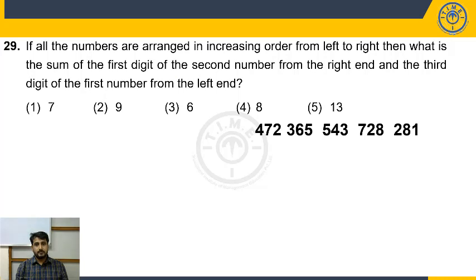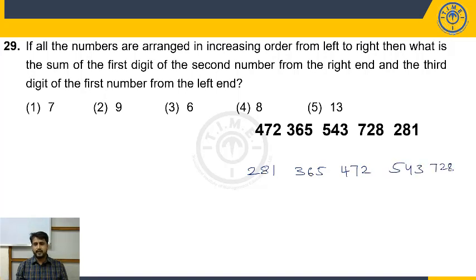Now, if all the numbers are arranged in increasing order left to right, then what is the sum of the first digit of the second number from the right hand and the third digit of the first number from the left hand? Okay, first of all the numbers have to be written in increasing order from left side to right side. Increasing order will be 281, 365, 472, 543, 728.